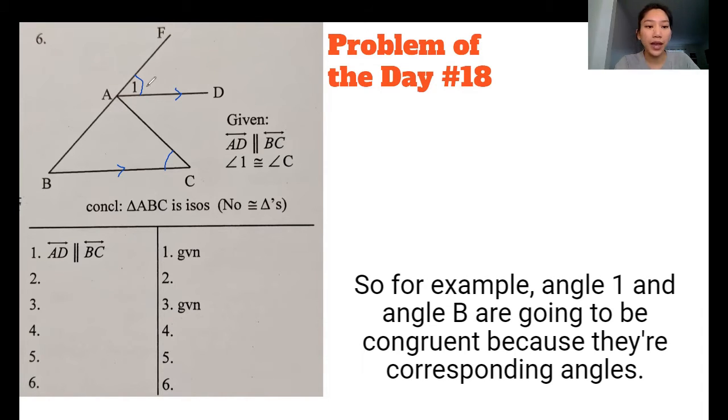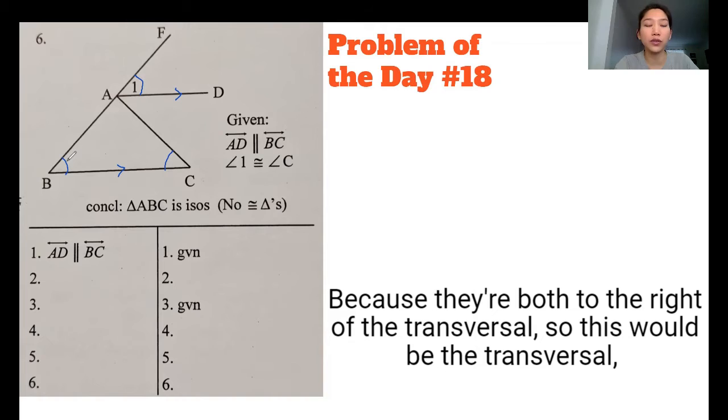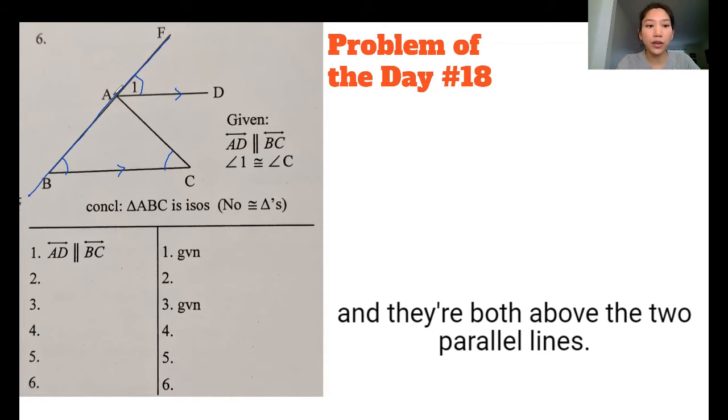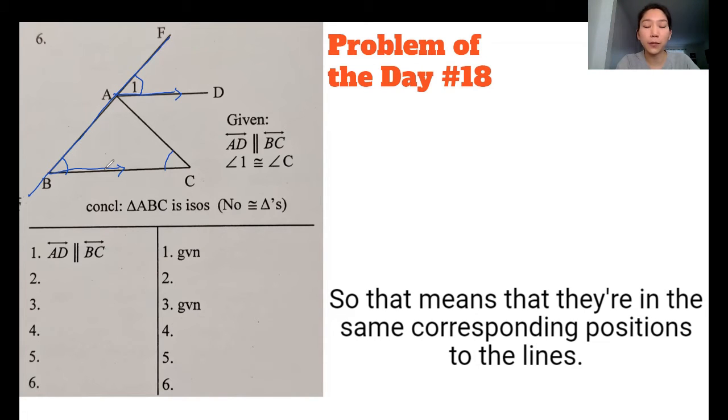So for example, angle 1 and angle B are going to be congruent because they're corresponding angles, because they're both to the right of the transversal. This would be the transversal, and they're both above the two parallel lines. So they're in the same corresponding positions relative to the lines.